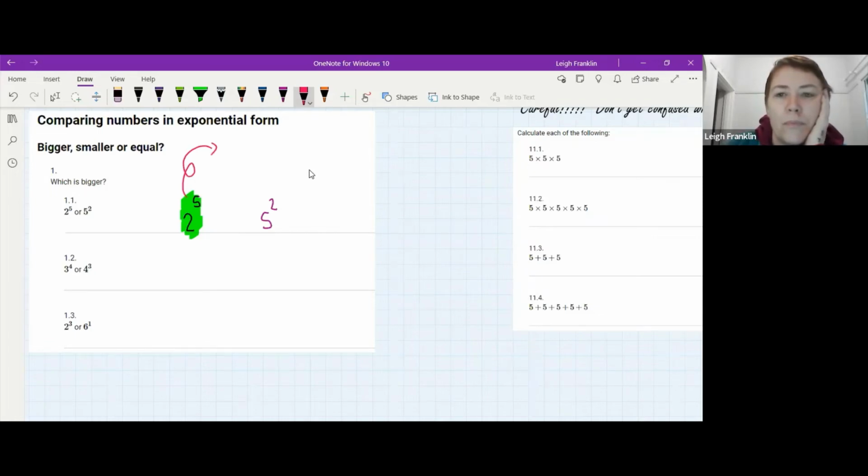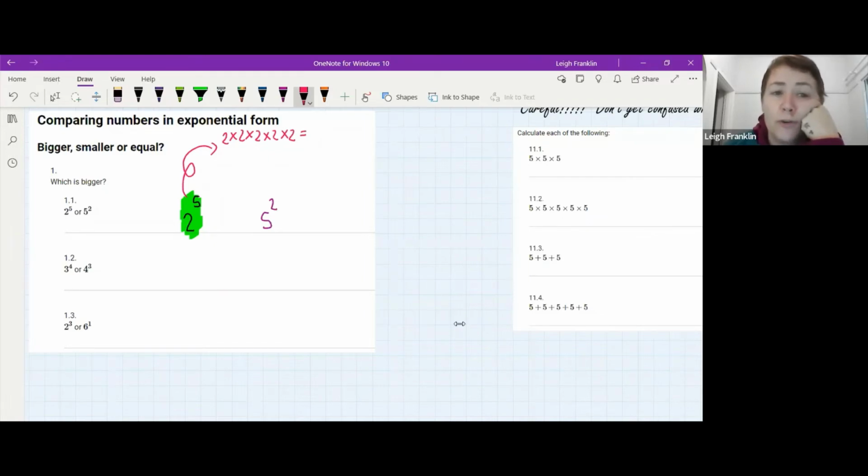10. Ma'am, what does 2 to the power of 5 mean? 2 times 2 times 2 times 2 times 2. Excellent. And how much would that give you, Karabo? 25, ma'am.